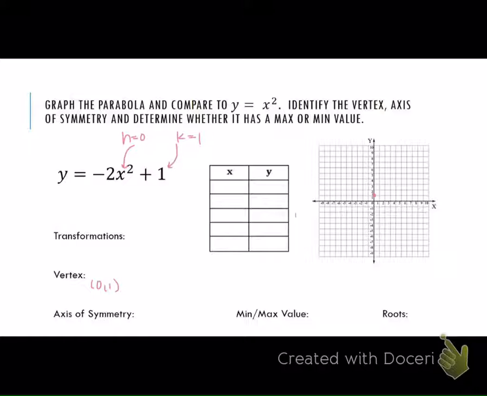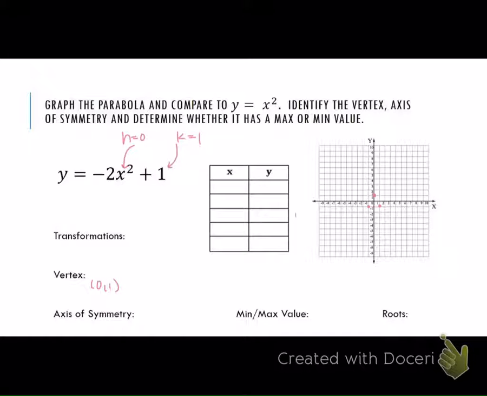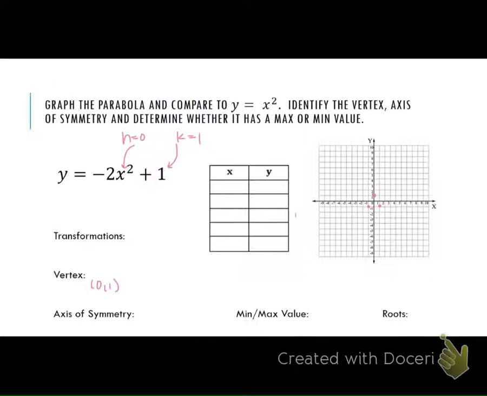Good. 1 squared is 1. 1 times -2 is -2, so we'll go out 1, down 2. Peyton, for this problem, if I go out 2, I'm going to go out 2, which is typically 4, because 2 squared is 4. 4 times -2 is -8.